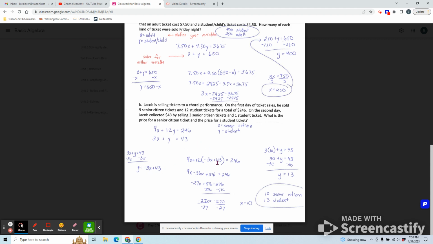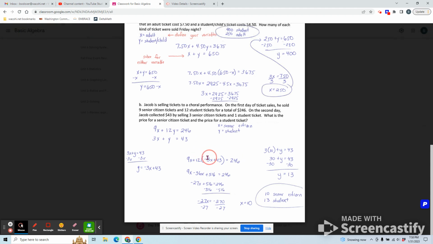So where I see a y in the top equation, I need to substitute in negative 3x plus 43. And I have to use the top equation because I solved this equation, so I can't plug it into where I just solved. It wouldn't make sense. I have to plug it into the other equation.